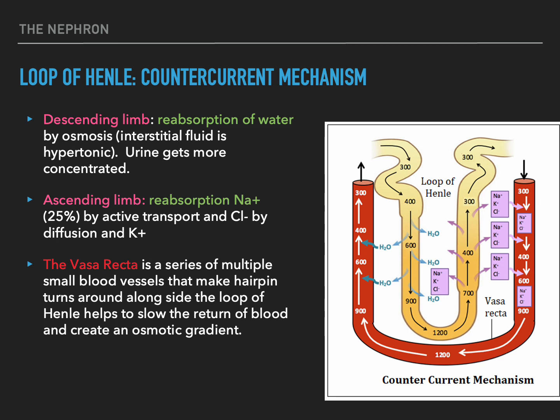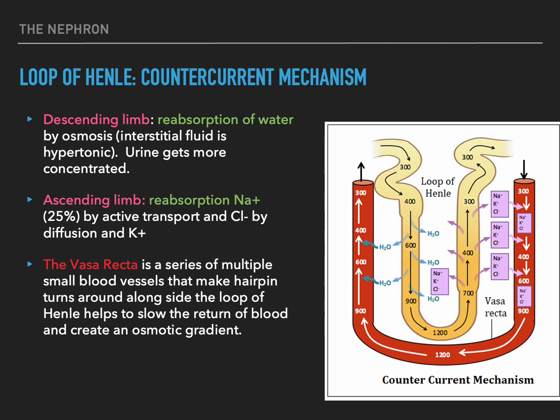As you look specifically at the descending loop of Henle, you'll note that this is where there is primarily reabsorption of water. This reabsorption is happening from the urine back into the bloodstream by osmosis because the interstitial fluid is very hypertonic. This is the way the body is able to make more concentrated urine.